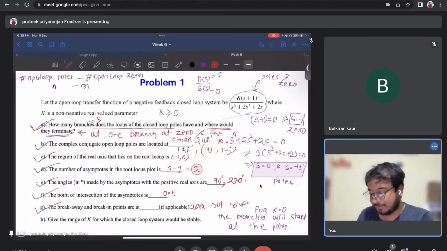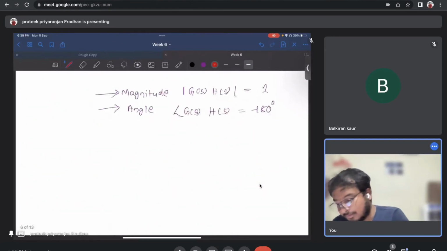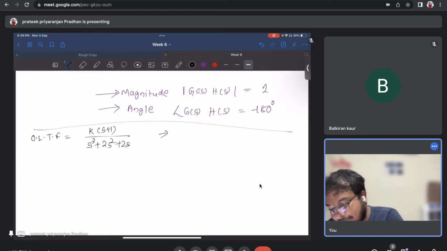Now comes: give the range of K for which the closed loop system will be stable. Okay, so now what is my equation? My open loop transfer function is K (S plus 1) divided by S cube plus 2S square plus 2S. So I can directly write my closed loop transfer function.